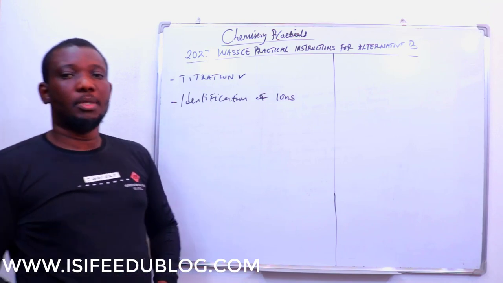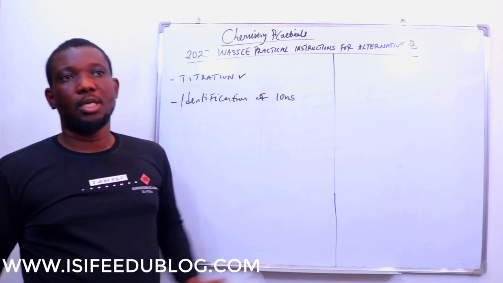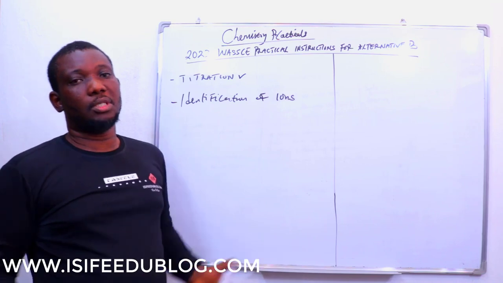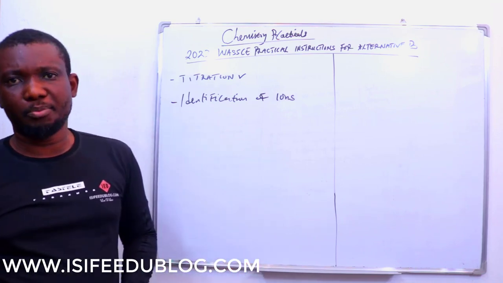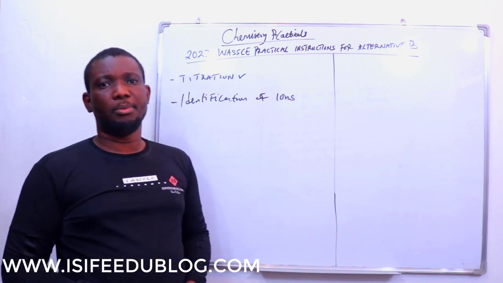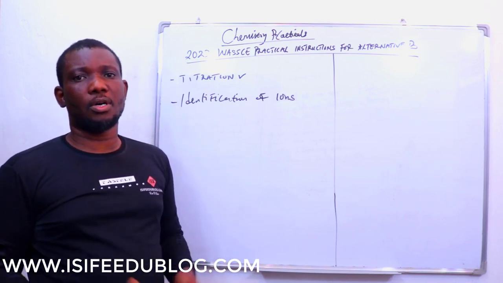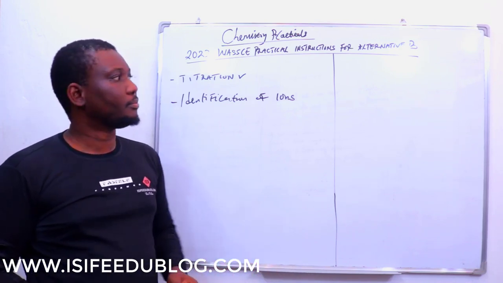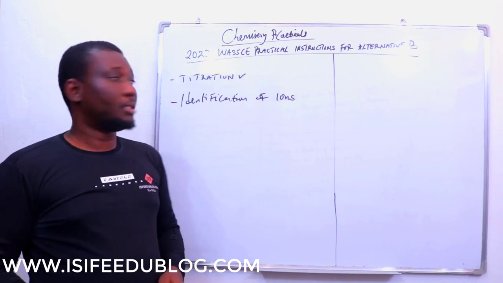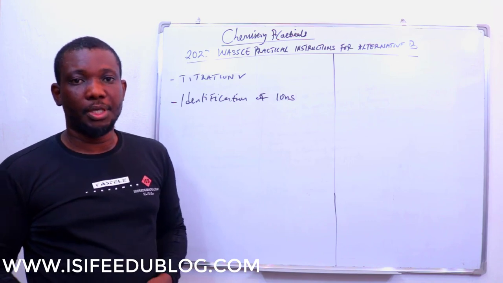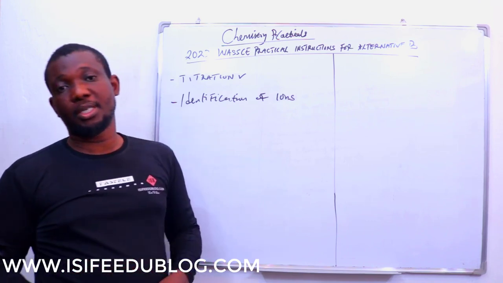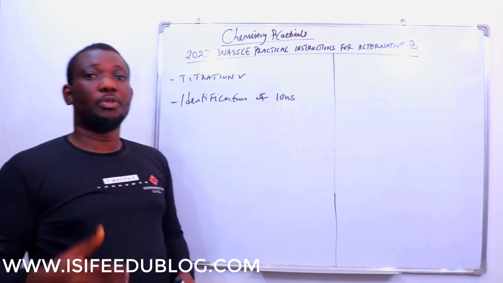In this video, the instruction says the teachers should prepare 7.0 cm³ of concentrated stock HCl per GMQ. For the second part, we will continue from where we stopped.